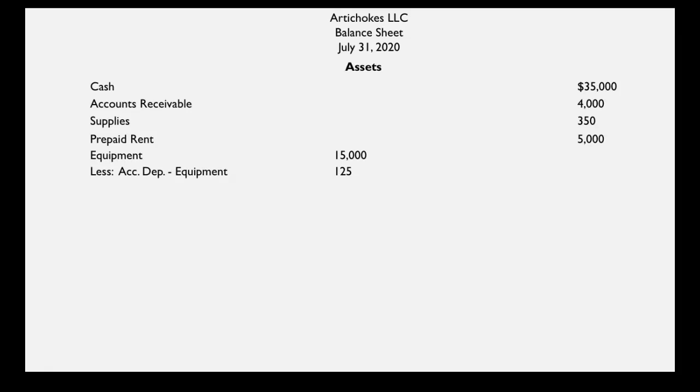So we list out the equipment, then we write less accumulated depreciation, equipment, and you'll see that the new book value, when you subtract 125 from 15,000, you get 14,875.